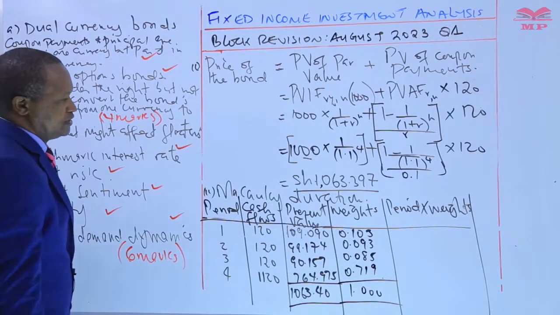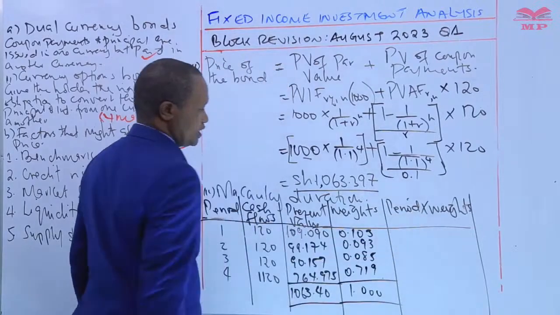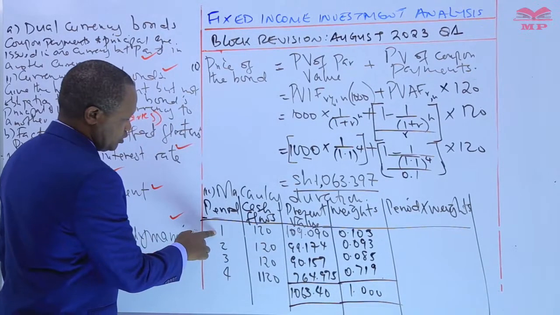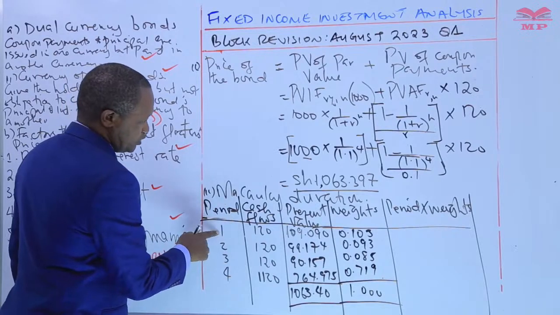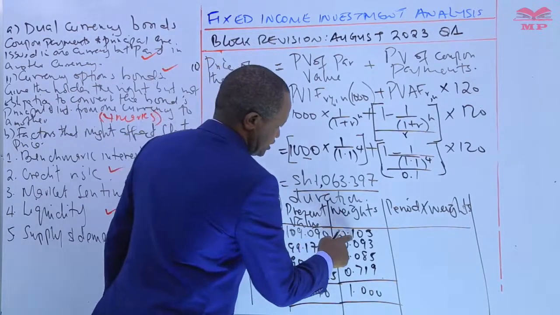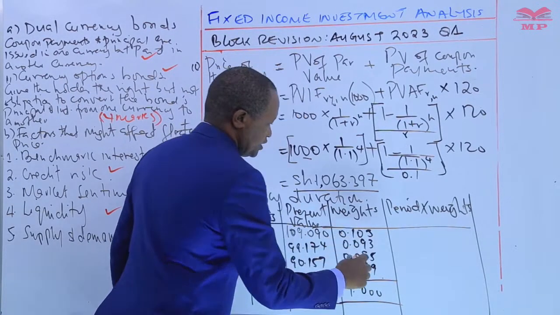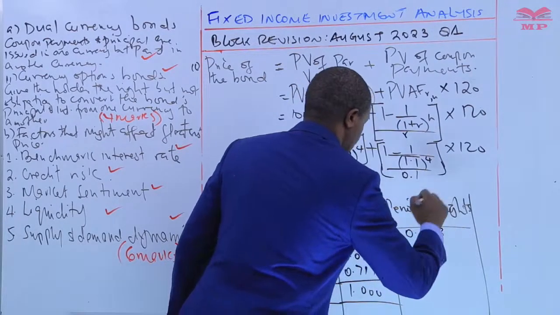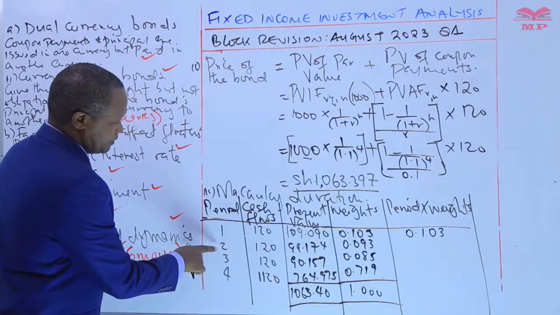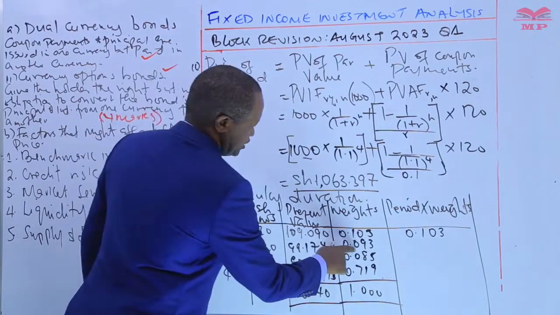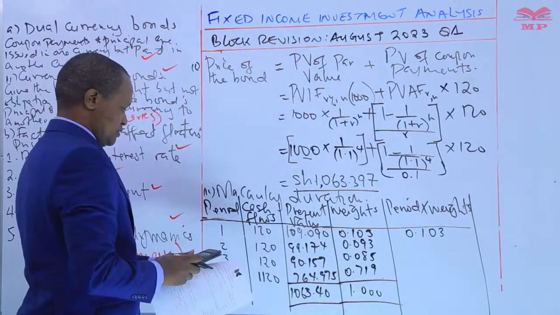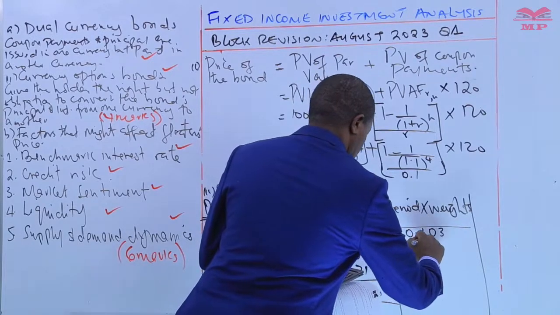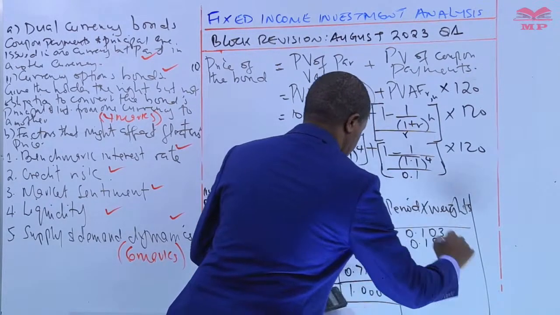Those are the weights. So the last column will take the weights times the period. The first period we take 1 times 0.103, which is equal to 0.103. Next, we are going to multiply 2 by 0.093, which gives 0.186.